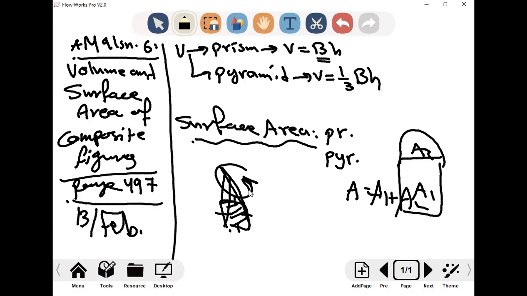So the surface area depends on the figure itself, what it has. Now in this lesson, we will put 2 figures together and we will find its volume and its surface area, okay? Let's go to example 1.